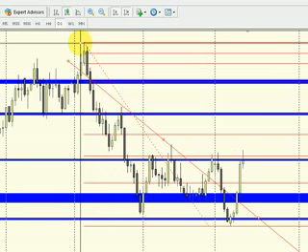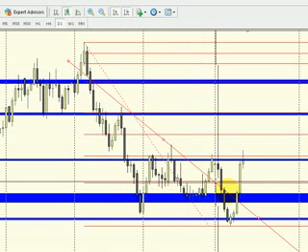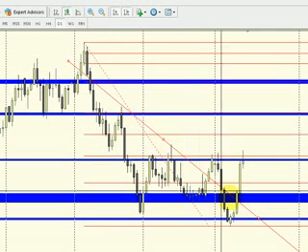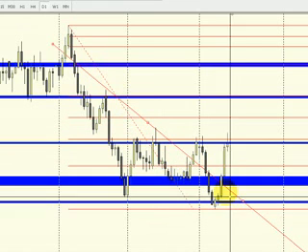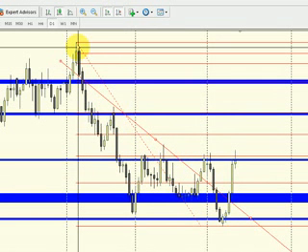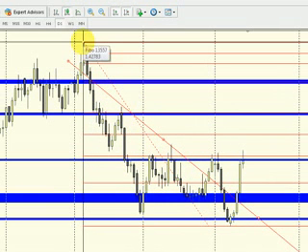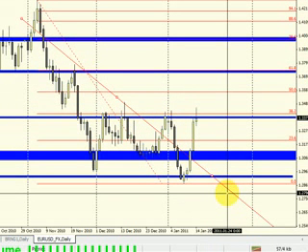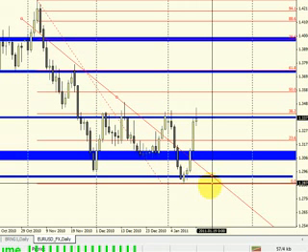So we have to be wary of that in the medium to long term, and as I said last week, I believe, or the week before, in the long term over this year, I believe this euro dollar will continue to drop. Okay, because people will want to move their money to what they perceive as the less risky option, which will be the dollar. Alright, so that's what I'm saying.